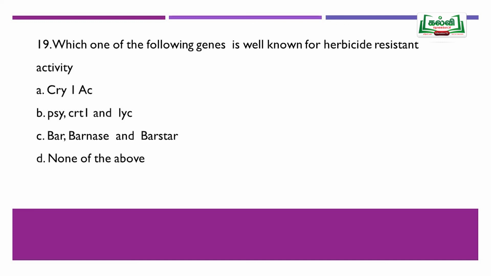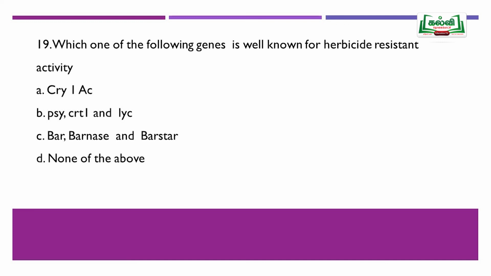The question given is about a herbicide resistant plant. Okay. The next one is PSY, CRTI and the like genes. These three genes are introduced to produce beta carotene content, for treatment of night blindness. So, next, Barnase and Barstar.